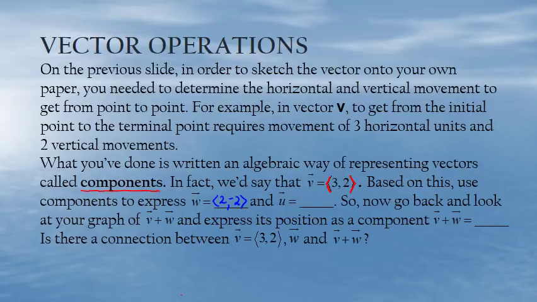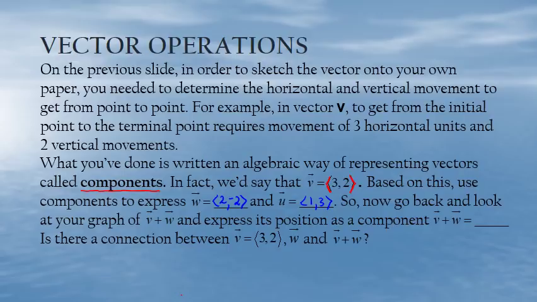These are not parentheses. If they were parentheses, it would look like an ordered pair. This tells me the component form, which is the movement, horizontal and vertical. For vector u, I had to move 1 to the right and 3 up, so that becomes ⟨1, 3⟩.